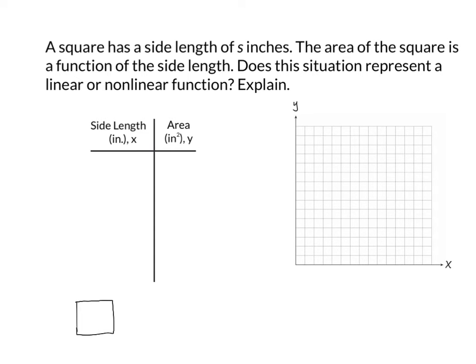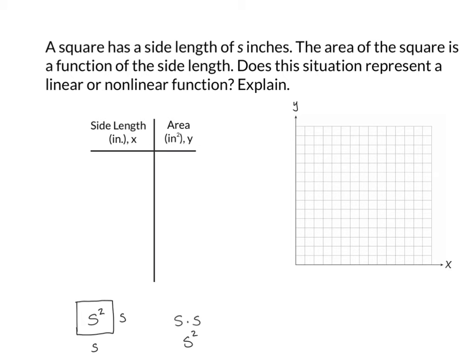Okay, so I have my square, and I know that one side is s, and all of the side lengths are s. The area of the square is s multiplied by s. We know that s multiplied by s is s squared. So the area of the square is s squared.